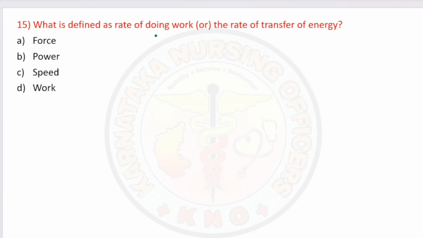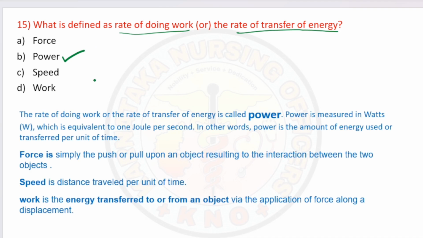What is defined as the rate of doing work or the rate of transfer of energy? The options are: Option A, force. Option B, power. Option C, speed. And option D, work. So the rate of doing work or the rate of transfer of energy is always called power.